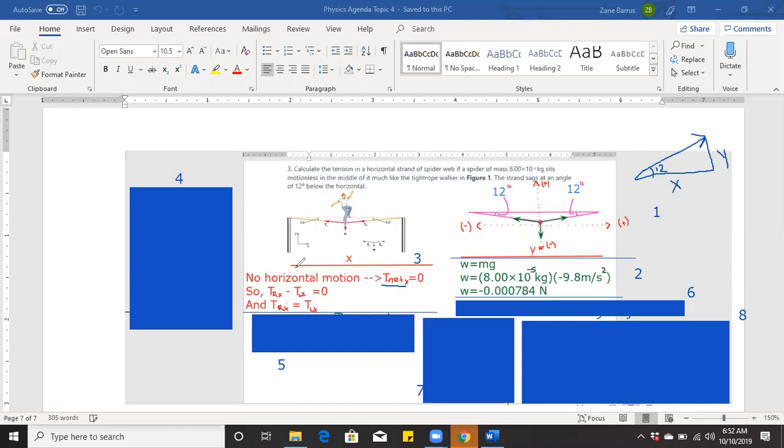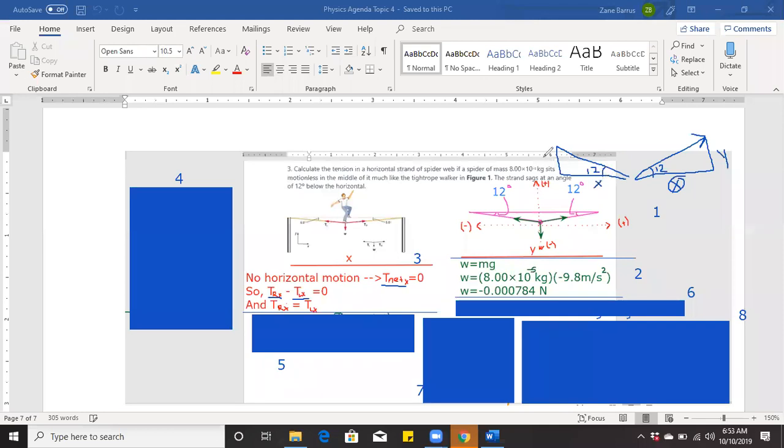So I could say, well, my tension on the right side in the x direction, in other words, this guy right here, is the x aspect of the arrow that's going off diagonally to the right. That value, whatever it is, and I don't know what it is yet, if I subtracted the tension in the x direction on the left side, so if I drew another triangle kind of like this, you'll notice these two triangles are going to be congruent to each other.